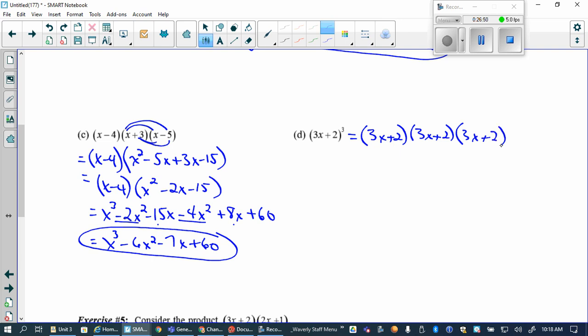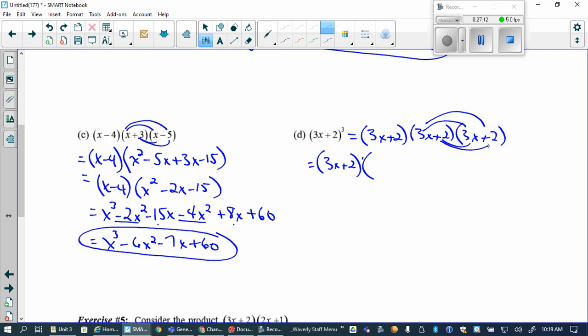And I'll just keep this first 3x plus 2 here, moving it to the left a little bit. And then take care of these two guys. And now it's just like over here. Everybody got me? Yes.